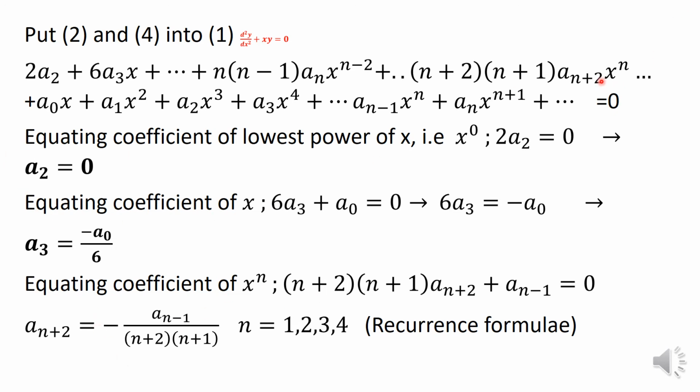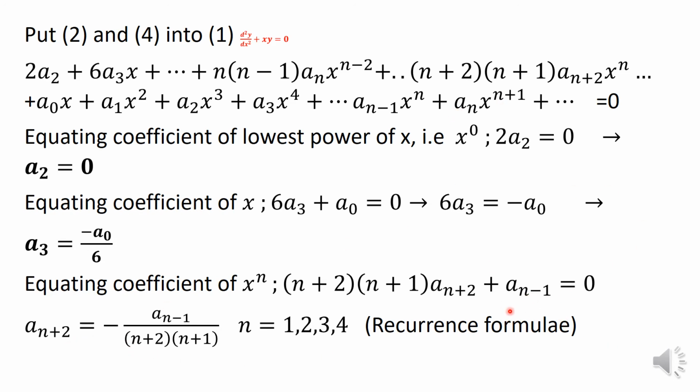This is (n+2)(n+1) a_{n+2}, plus because x to the power n+1 is a_n, so the coefficient of x to the power n will be a_{n-1}. So that we have written.